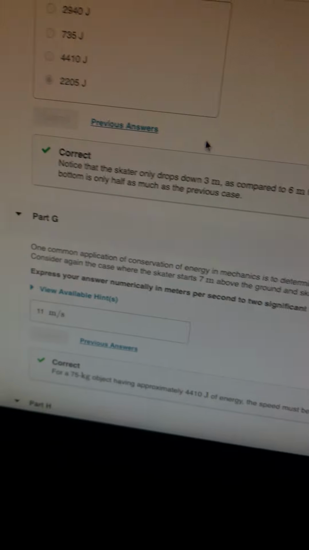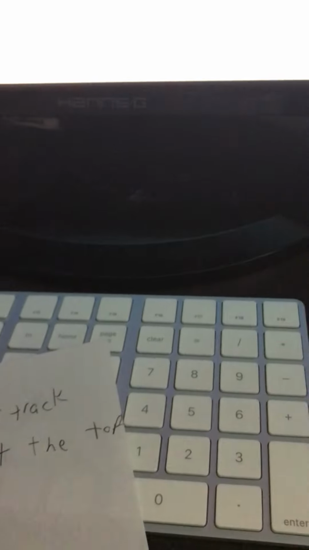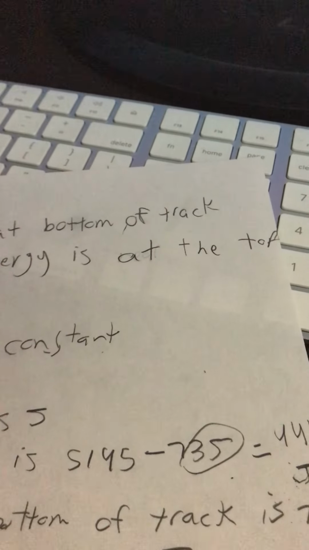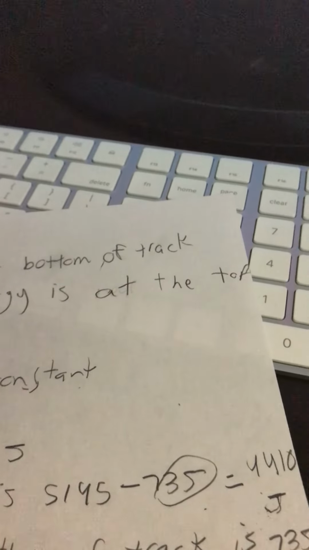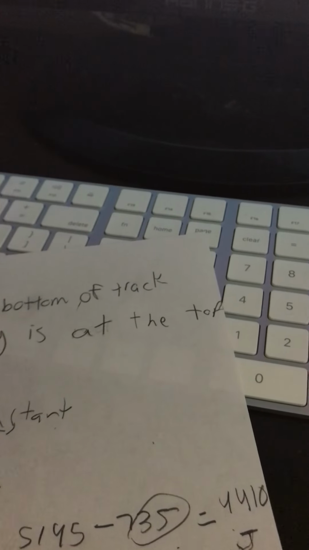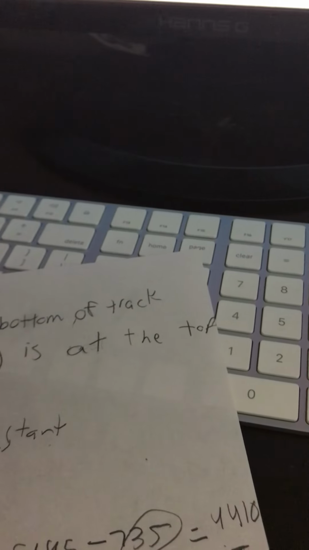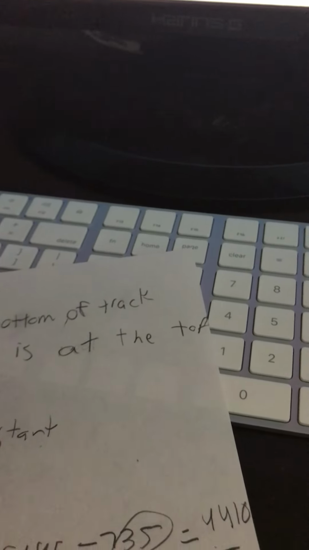And then for part G, we're looking at 7 meters. What is the speed? Okay, so this is another problem that we're going to have to figure out how to do. So basically, you have 4410 J. This is pretty simple.